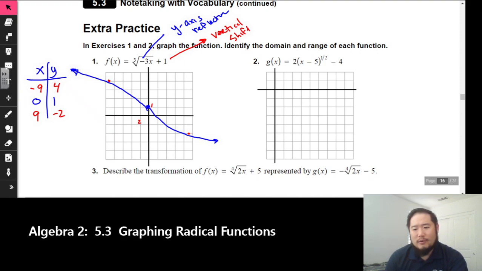You try to make things a little more fancy and tricky, but it really isn't, because you know how you could take an exponential exponent and rewrite it into a radical. This right here ends up being the same thing as g of x is equal to 2 times the square root of x minus 5 minus 4.